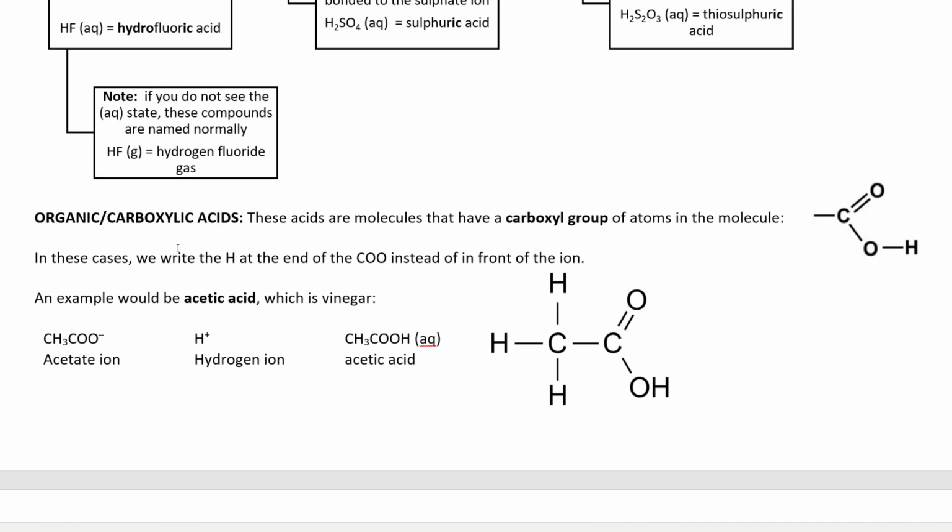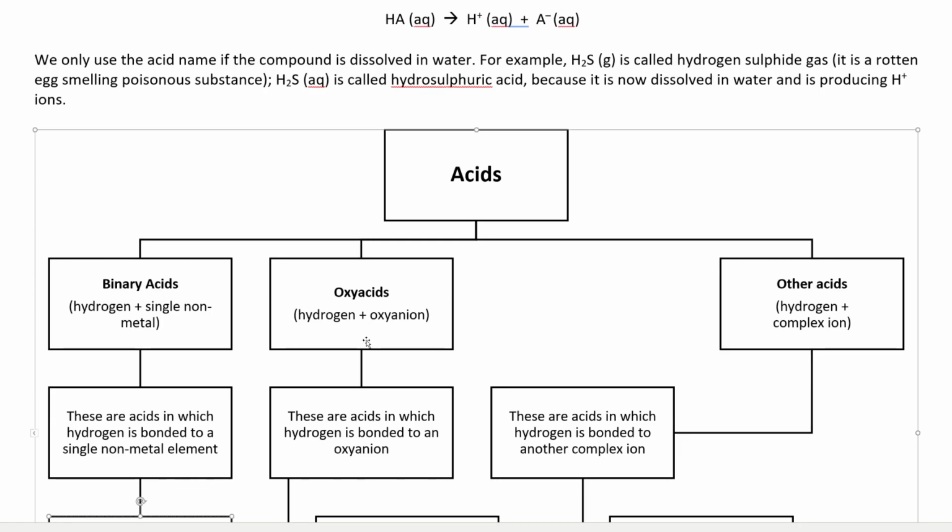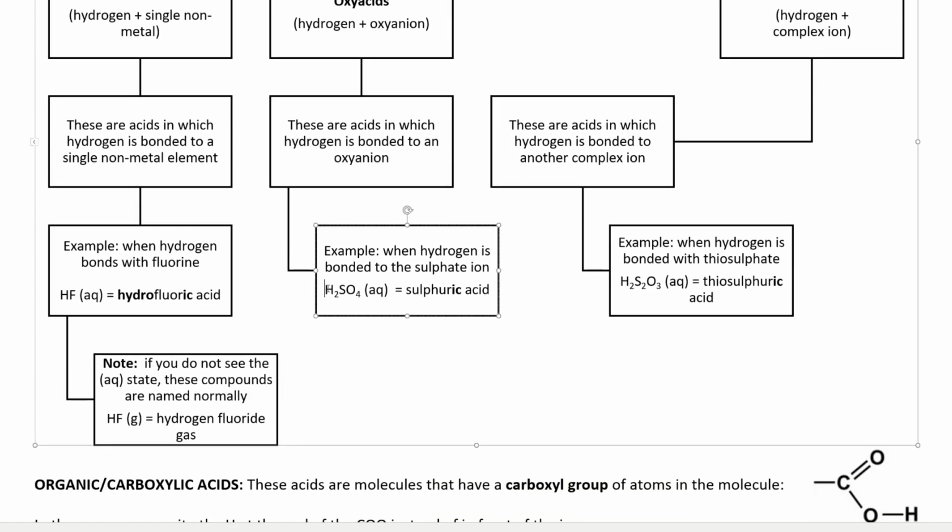There are also things called organic or carboxylic acids. These acids are molecules that have a carboxyl group of atoms in the molecule. You don't really need to know the carboxyl group, but this structure will help explain why we write the formula the way we do. In these cases, we write the H at the end of COO instead of in front. In the other acids, we always put H in front.